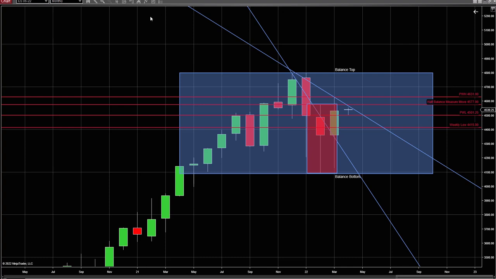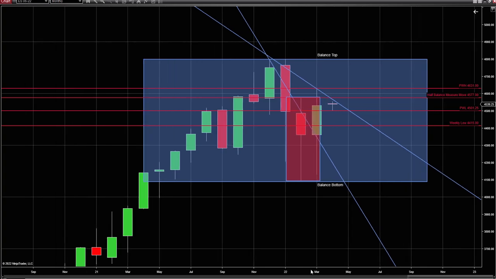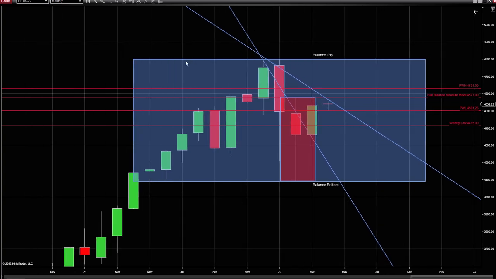So as usual, I'm going to start from monthly. As I mentioned previously, the market was in a large balance range, and there was a potential for the reversal to the upside as long as this low was not breached.